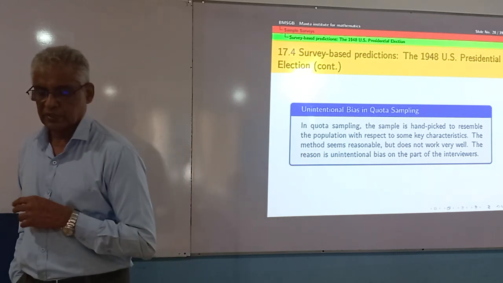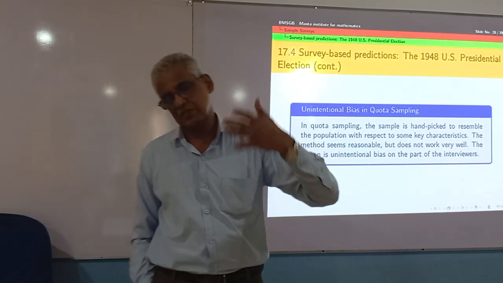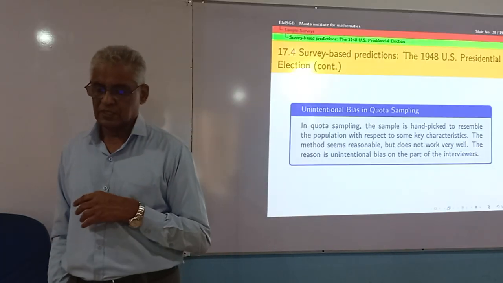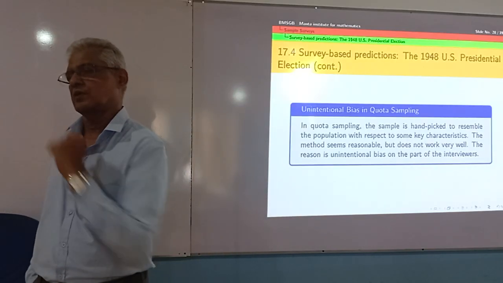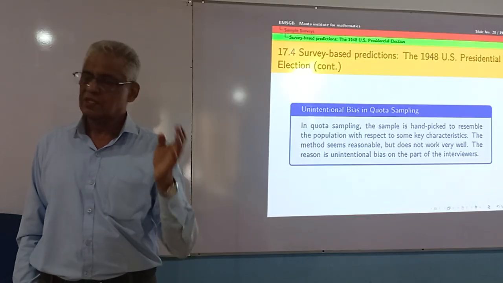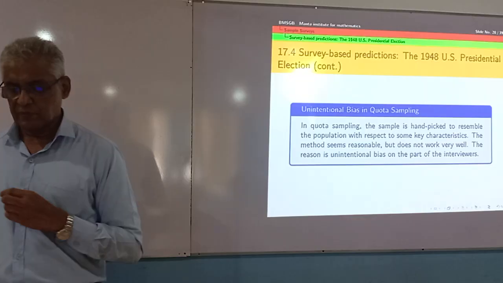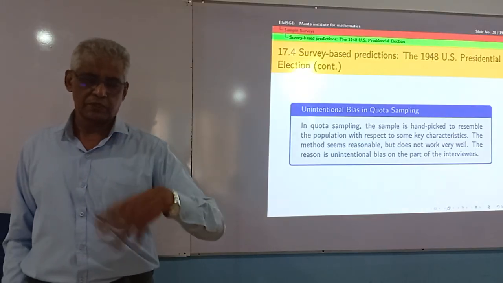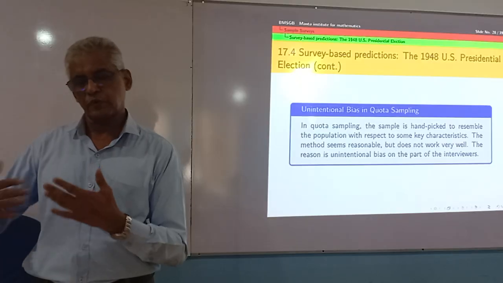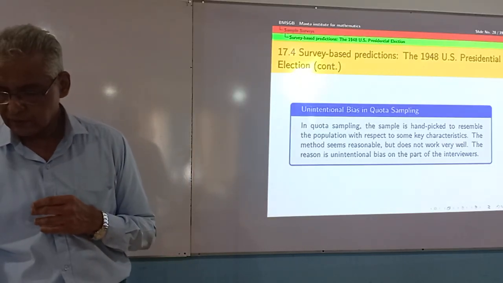At that time quota sampling was considered a very good sampling method. That's why even Gallup, who was promoting scientific methods, used the quota sampling method. But the problem is there can be some unintentional interviewer bias, and therefore it can create completely wrong answers at the end.